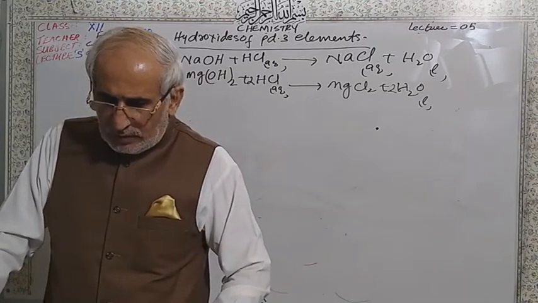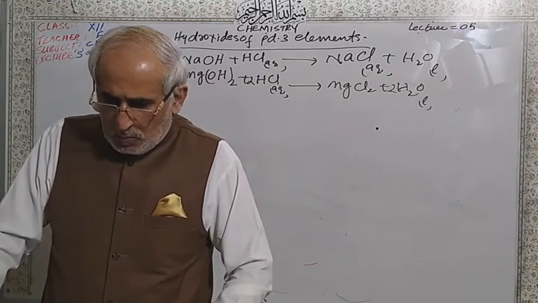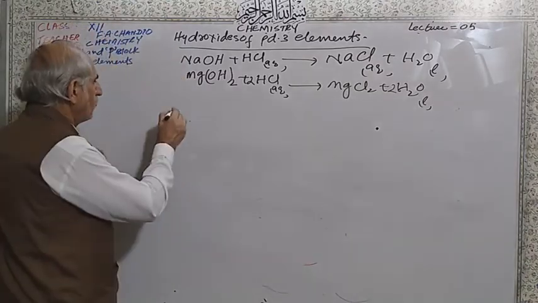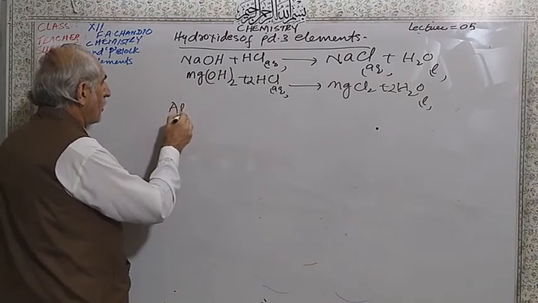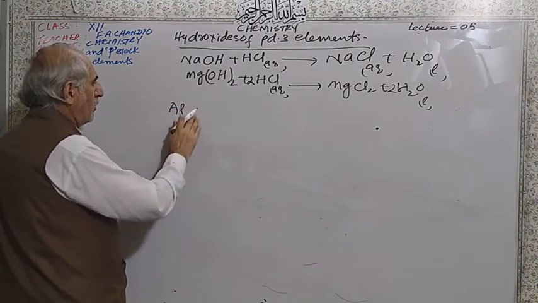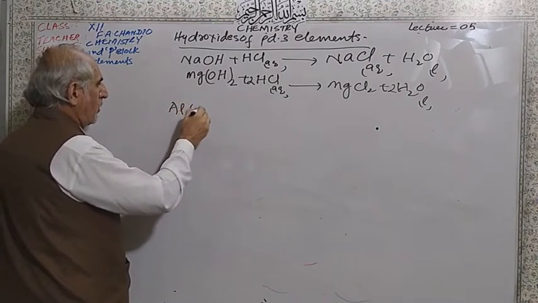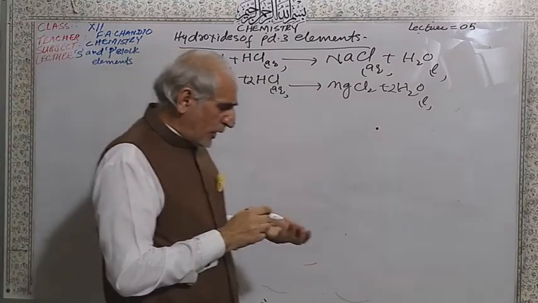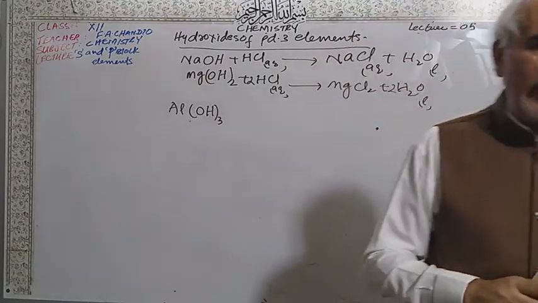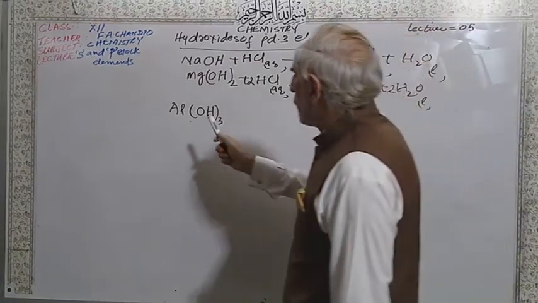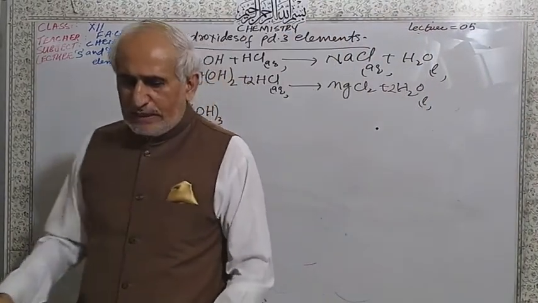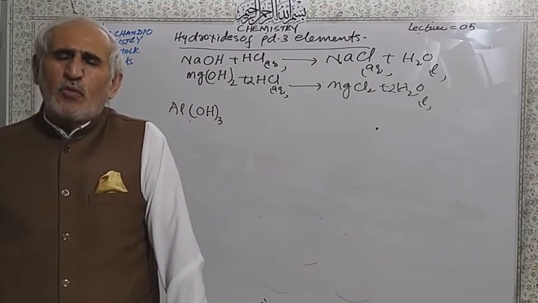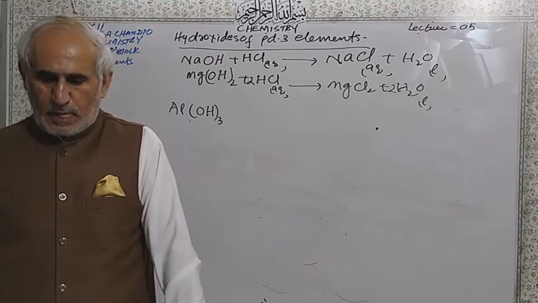With hydrochloric acid in aqueous form, you will get sodium chloride in aqueous form and water liquid. Magnesium hydroxide will give magnesium chloride and water liquid. So this is the chemical reaction for this one.